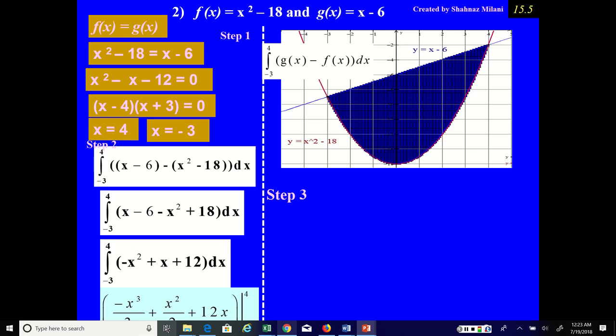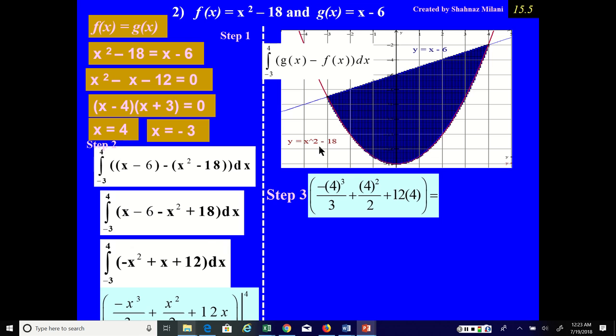That's my antiderivative. Then, replace the x by the higher x value, which, remember, we found right here, is 4. Replace all the x's by 4, and it would make it much easier if you plug it in right here.